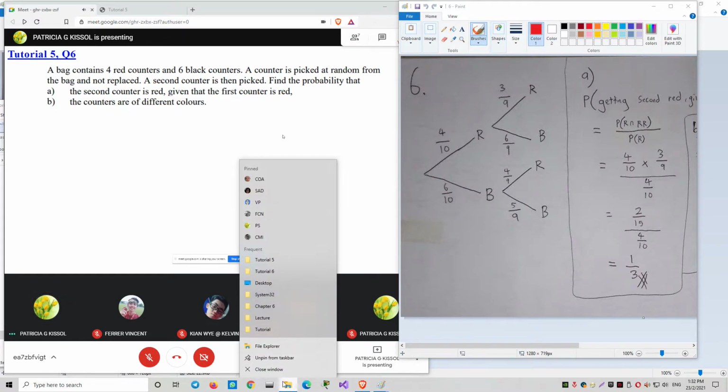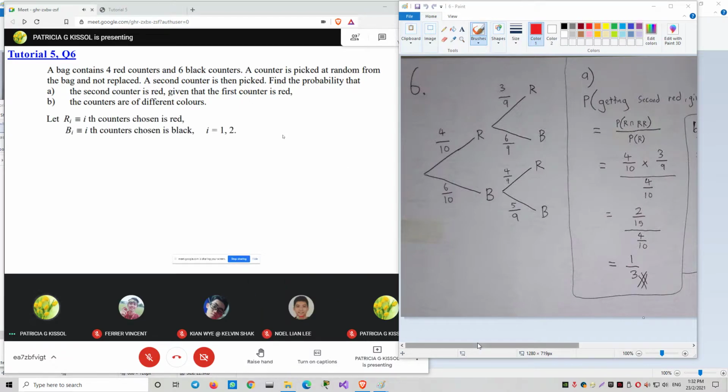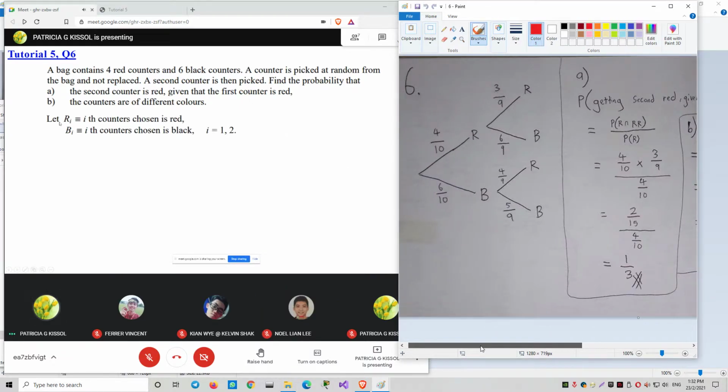Yeah, probability tree. So here, what I've done is I've used R1 to indicate that the first counter chosen is red and B1 is black. R stands for red, B for black.